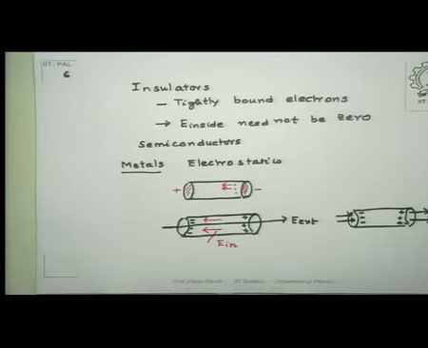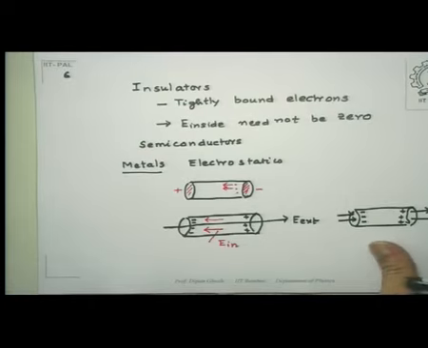So, basically what is happening is that it is the electrons which are moving from the right to the left, creating an effective electric field, and that exactly cancels the external field that we had put the material in, and the net field inside in a static condition is equal to 0.